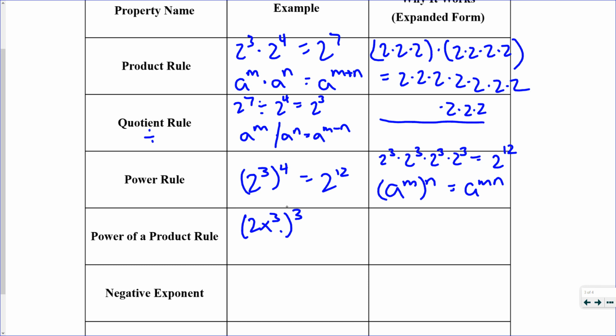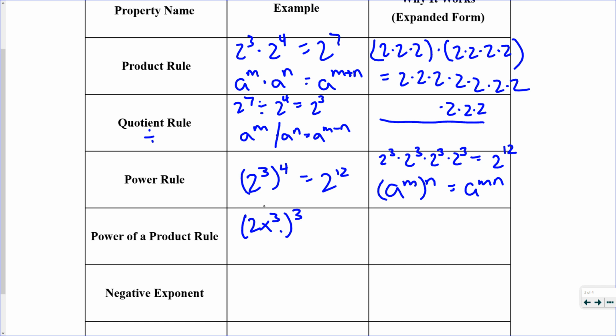You might have seen expressions like this in the previous units where we've had terms with x's raised to extra powers. So what happens in this case? Well, it looks like we do have a power rule here because you have the 3 exponent and then another 3. So it looks like those exponents get multiplied.